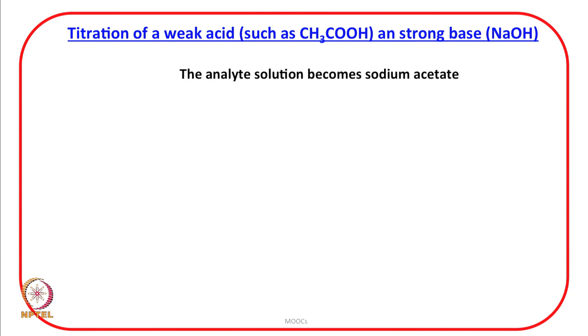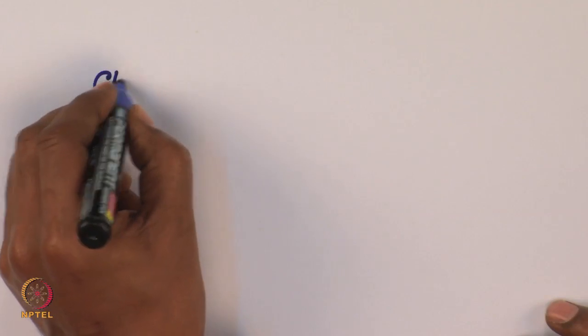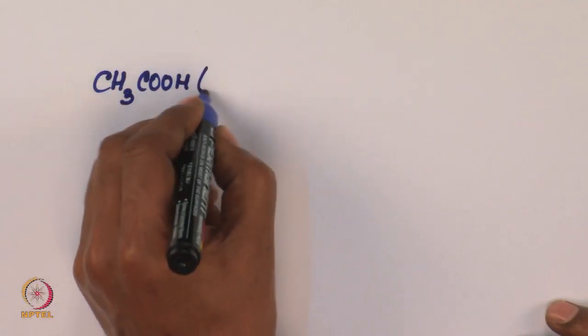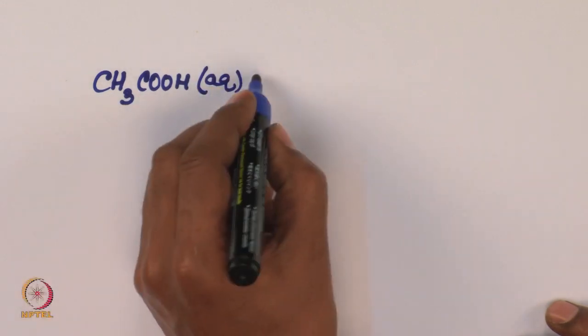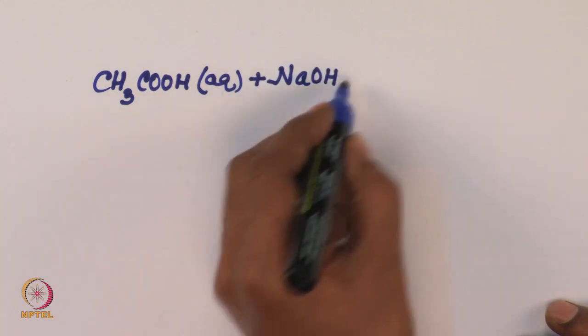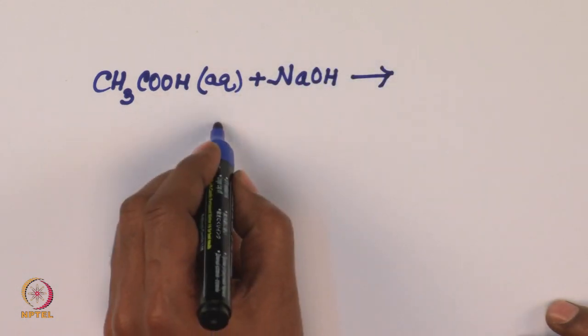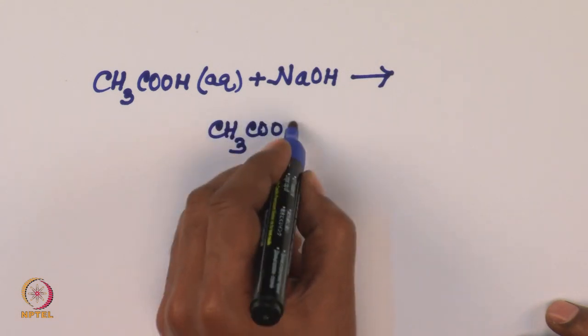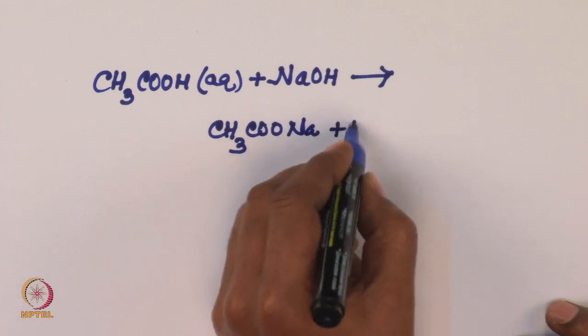what you have, let us write down the equation. We have CH3COOH aqueous plus NaOH, it will produce CH3COONa plus H2O.